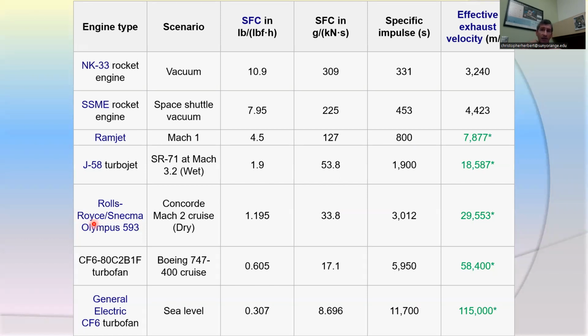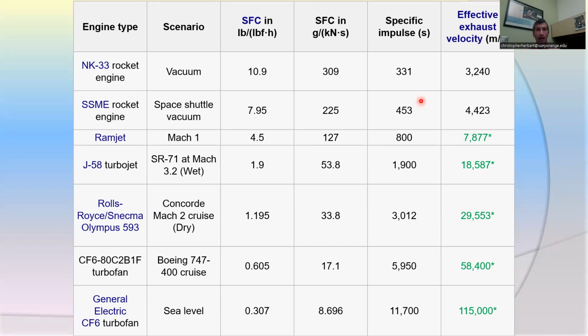Okay, so let's take a look at different rockets, and everything down in green right here is cheating. It's pushing off the air. So they have an effective exhaust velocity that's much higher and a specific impulse which is much higher than what we have for rockets.